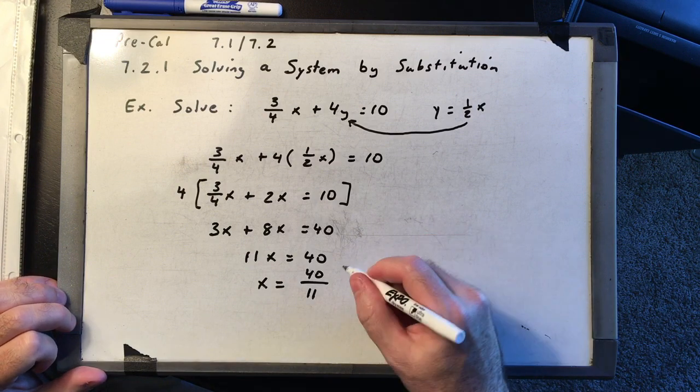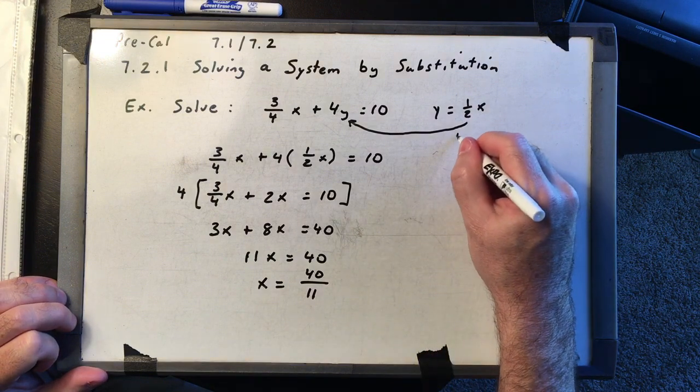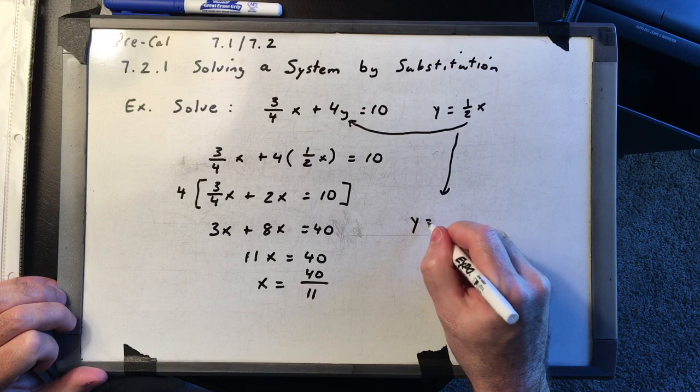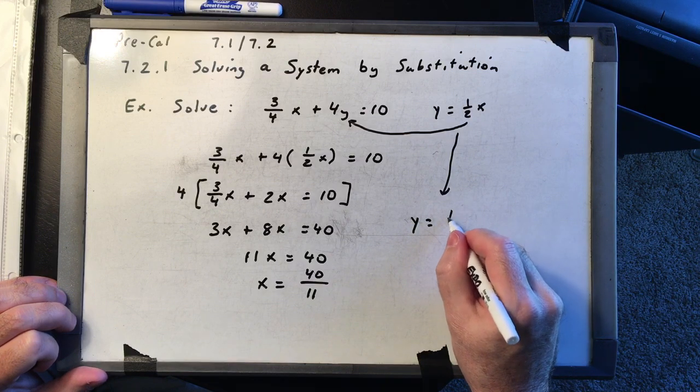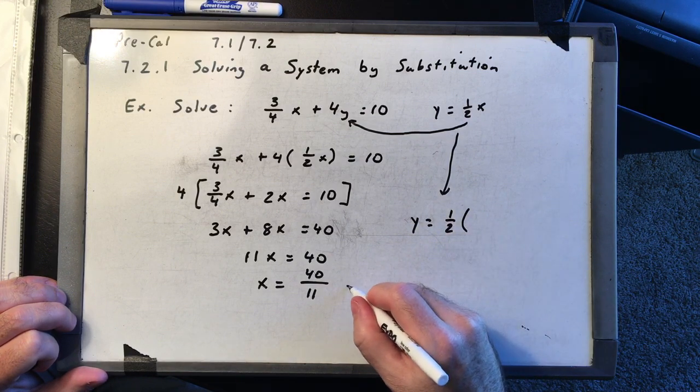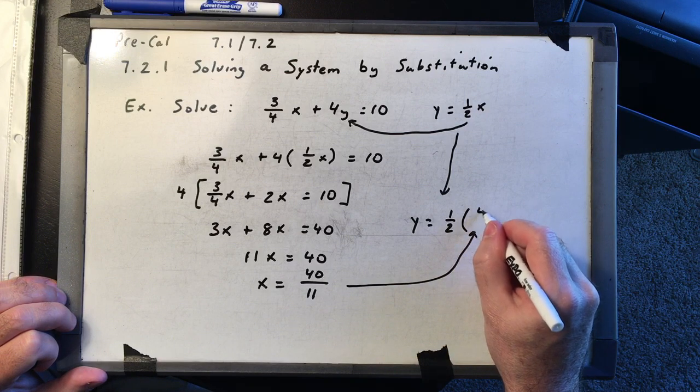So now we can use the equation y equals 1/2 of an x. So I'd have 1/2 times 40 over 11.